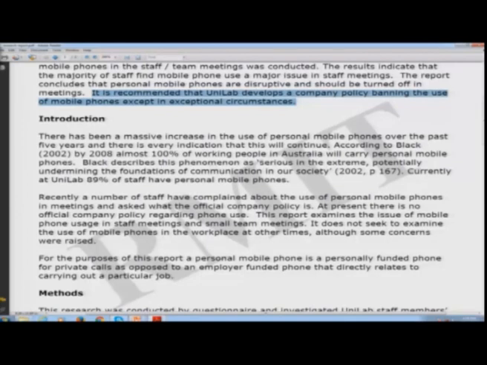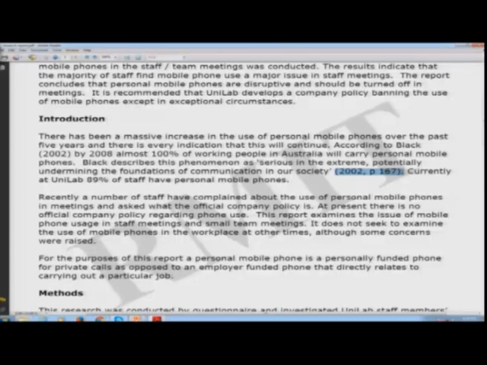Black describes this phenomenon as serious in the extreme, potentially undermining the foundations of communication in our society, 2002, page 167. So, citation styles. Currently at Unilab 89% of staff have personal mobile phones.